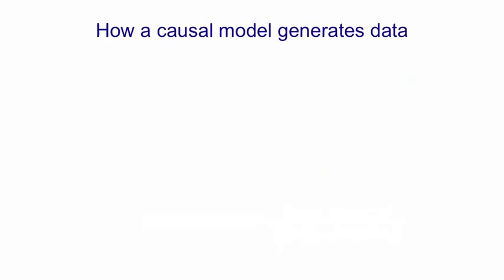Now I want to talk about two ways of producing models of data, in particular of binary vectors. The most natural way to think about generating a binary vector is to first generate the states of some latent variables and then use the latent variables to generate the binary vector.